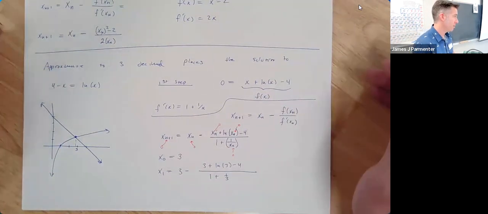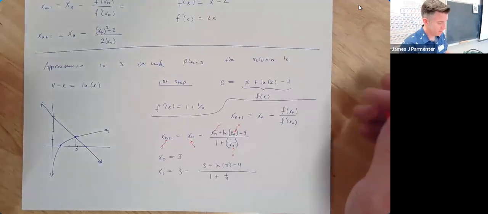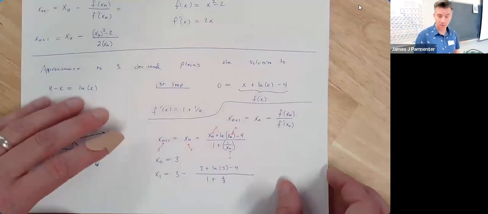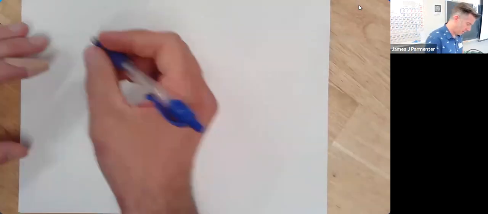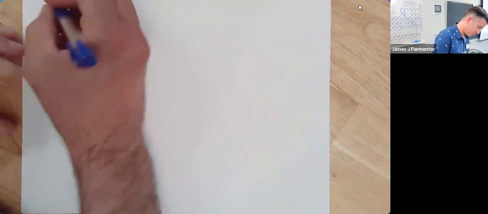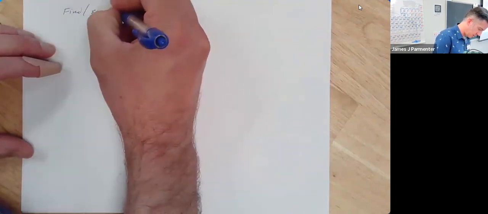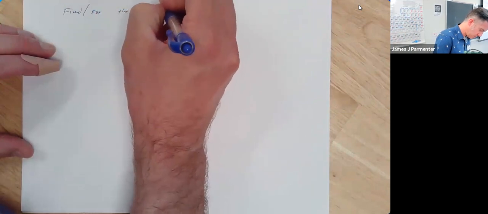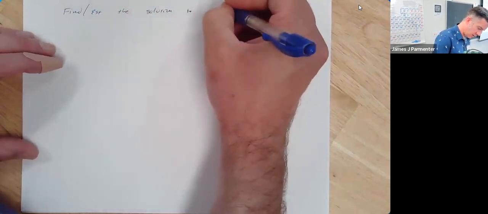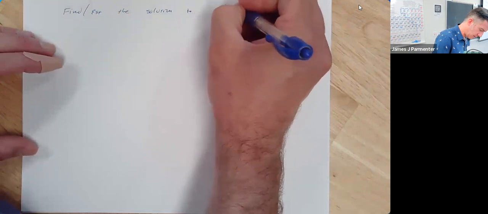Potentially not. So, for example, if I gave you a similar-ish kind of problem, saying, okay, I want to find or estimate the solution to x cubed minus 7 equal to 0.